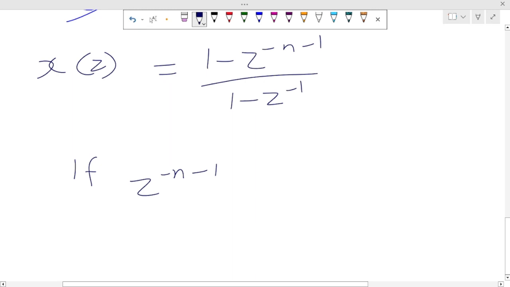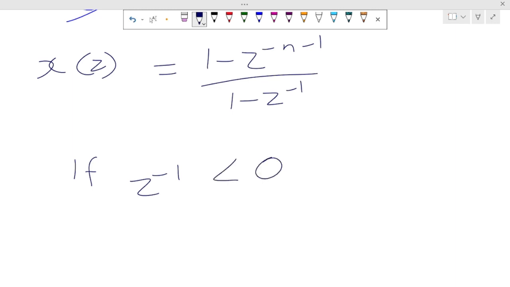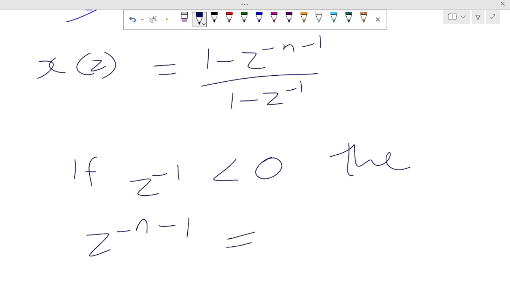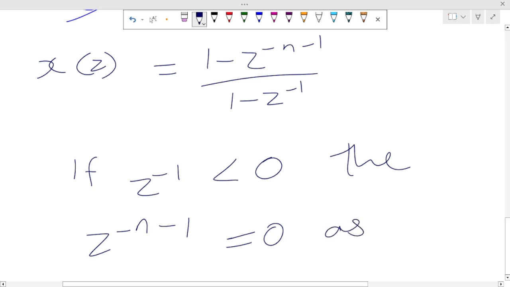So if z raised to the power minus 1, forget about the n, okay, if z raised to the power minus 1 is less than 0, then z raised to the power minus n minus 1 equals 0 as n tends to infinity.